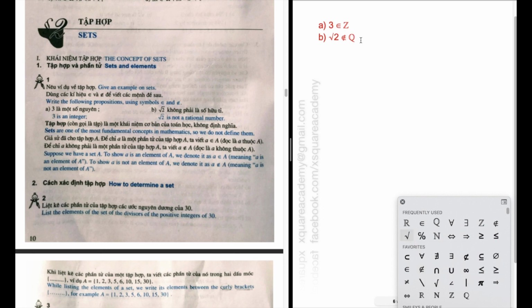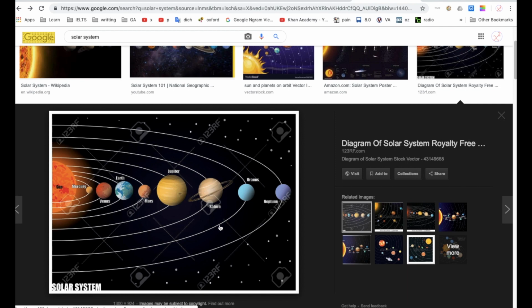I'll give you more practical examples. You are an element of your family. Your family is a set, and you are an element of that set. Or, our planet belongs to the solar system. This is the solar system.